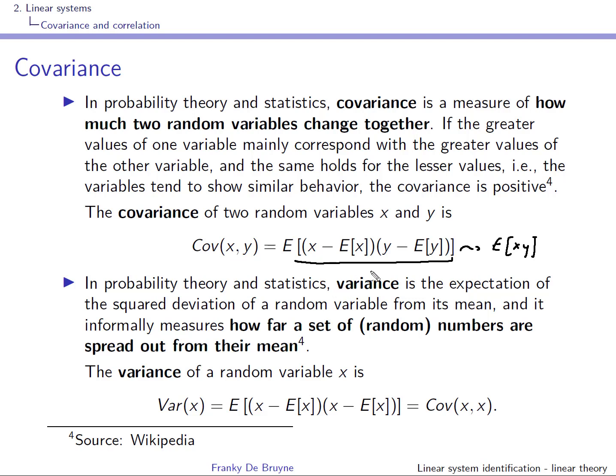Okay, well, if you take the covariance of x by itself, then you obtain this formula, and this is of course the variance, and that's a concept that you know very well.